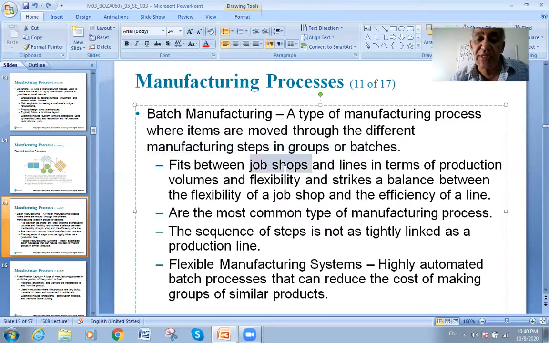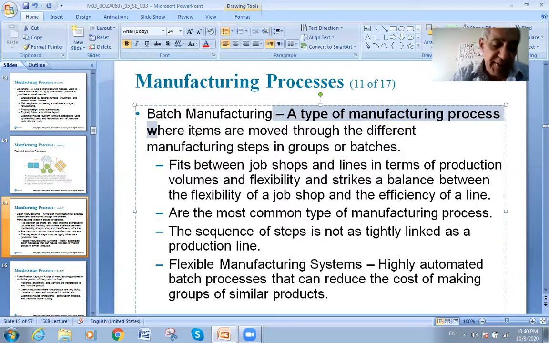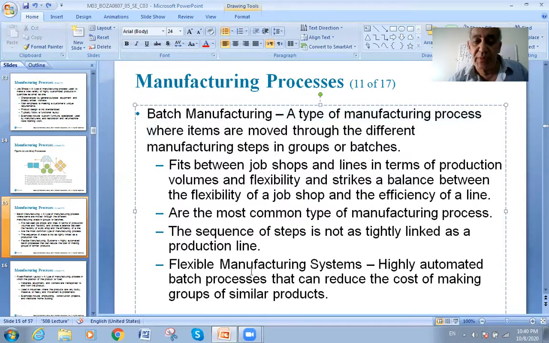It fits between job shop and production lines, in terms of production volume and flexibility. So it is in between both of them. The batch manufacturing is between the production line and the job shop. It's neither customized nor standardized. It's between both of them.